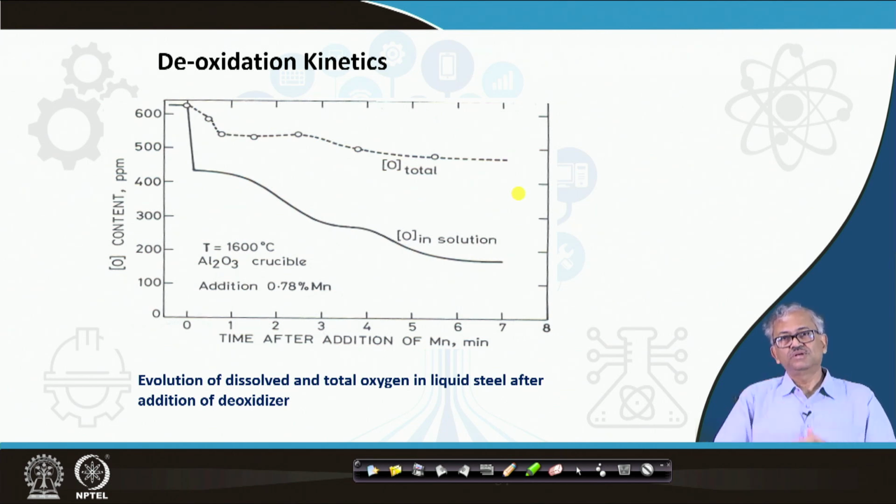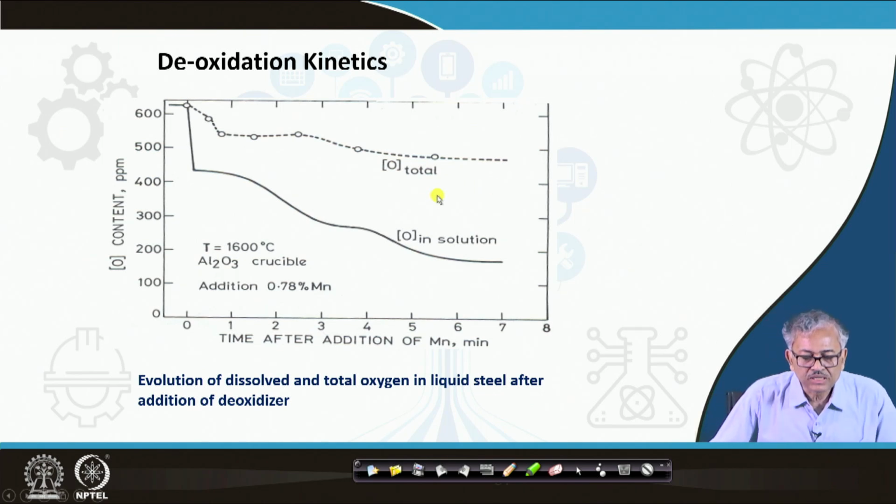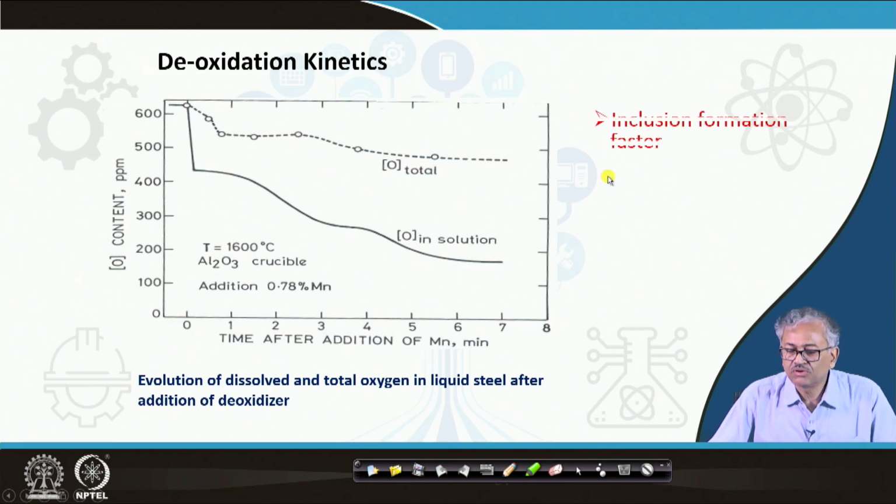The MnO is not able to join the slag phase as quickly as it is forming. The transport of MnO from the liquid bulk to the slag is not fast compared to its formation. So it is a very slow process. Manganese oxide is not rising up as quickly as it forms. That is the rate controlling step.